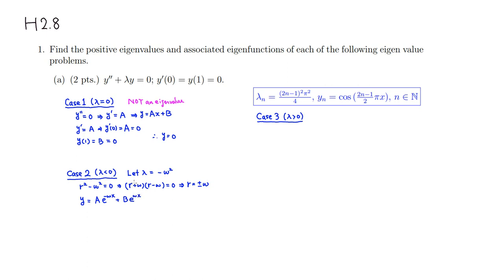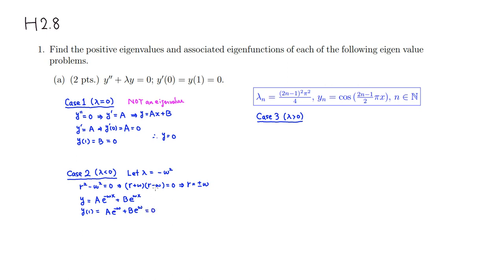First we plug in 1, so y of 1 is a times e to the negative omega plus b times e to the omega, and this is equal to 0.